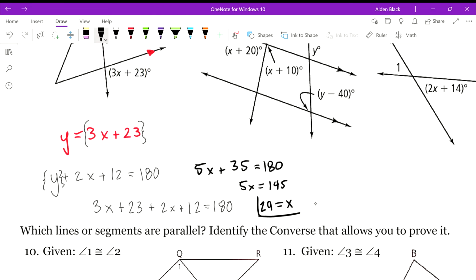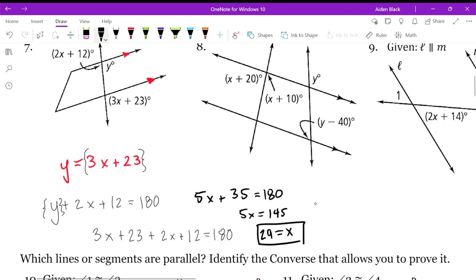So if x equals 29, we can plug it in for any of these. I'll plug it into this one. So 3 times 29 plus 23 is this angle here. 3 times 29 plus 23, and we end up with 60 plus 27 plus 23, we get 110.